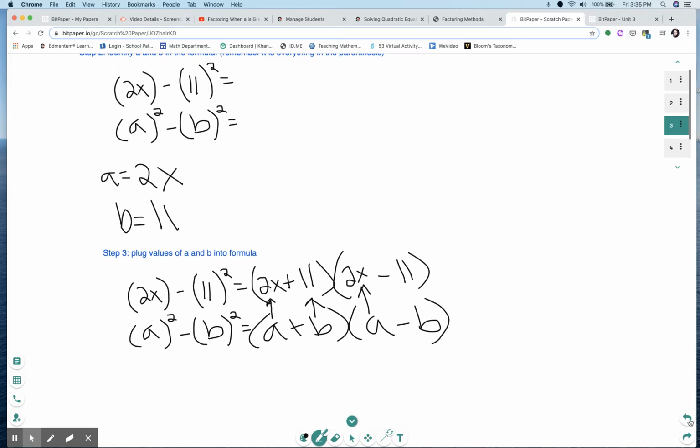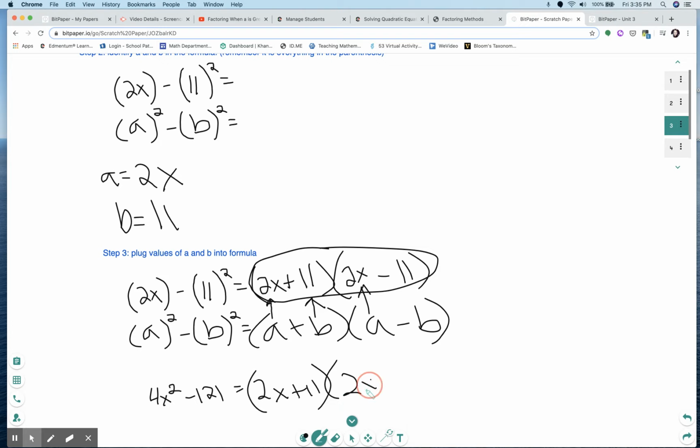And that's your solution. You've factored this quadratic. Originally you had 4x squared minus 121. That was your original problem. So the factored form is 2x plus 11 times 2x minus 11. Now, if you wanted to check it, you could FOIL this out and make sure it's equal to the original.